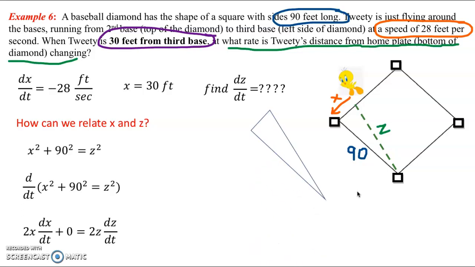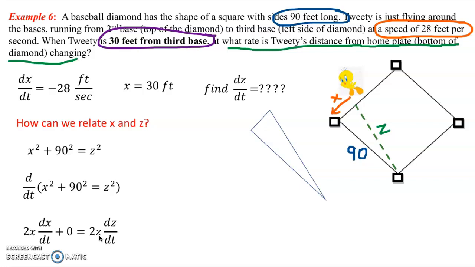Let's see at this point now, what do we have? I need a value of x, which I have, a value of dx/dt, which I also have, a value of z, which I do not have, and I need a value of dz/dt. I want to solve for dz/dt. So in order to find this, I have to get a value of z at this particular point in time.